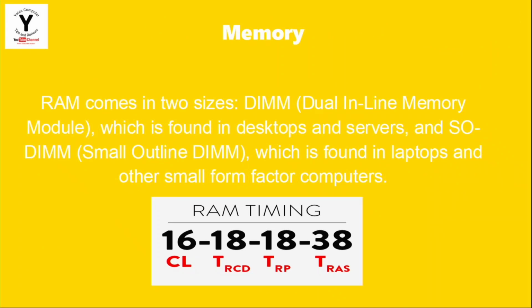So here is a brief definition of memory. There are basically two sizes of memory. You have the bigger stick that goes into computer towers and servers. On that first slide, you'll see it up top, the bigger stick. You have a smaller size stick that goes into laptops.